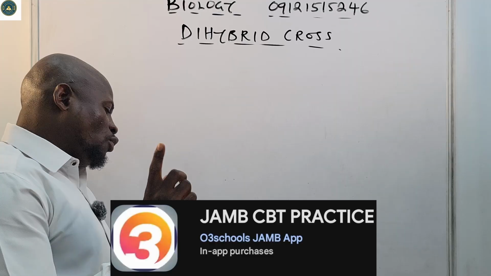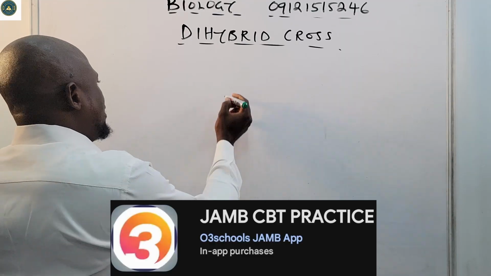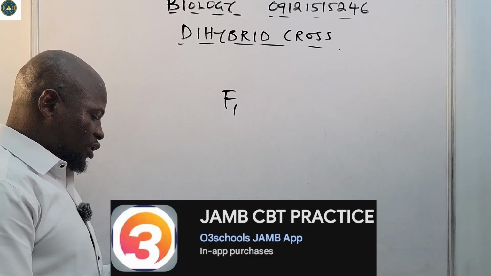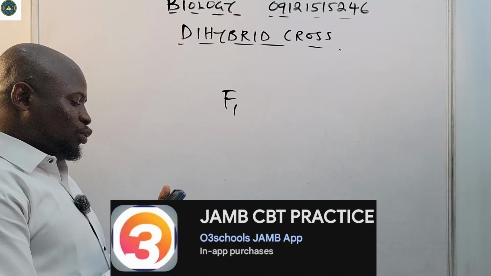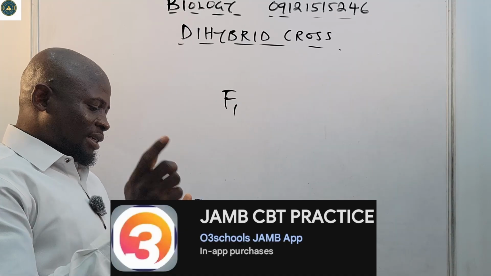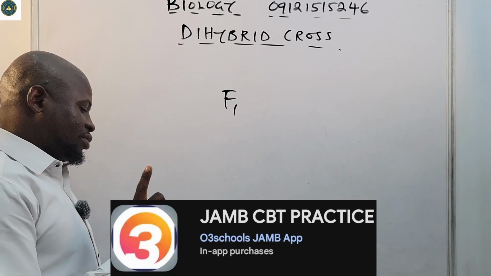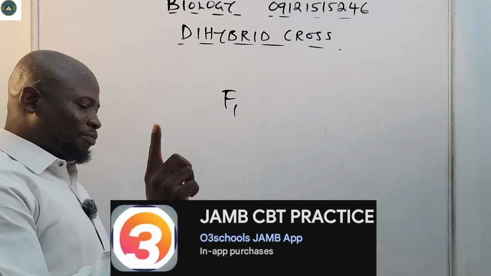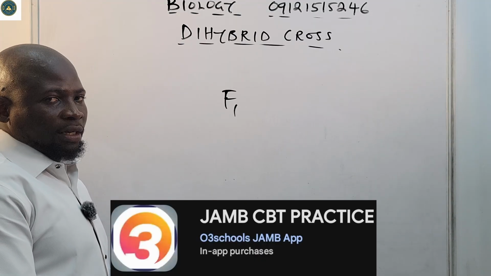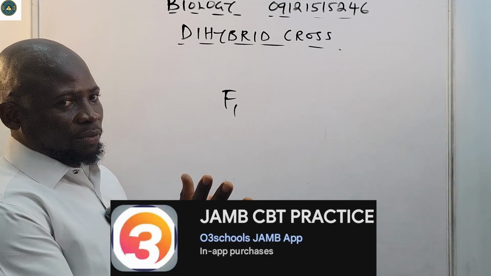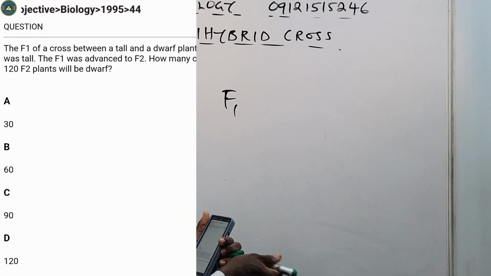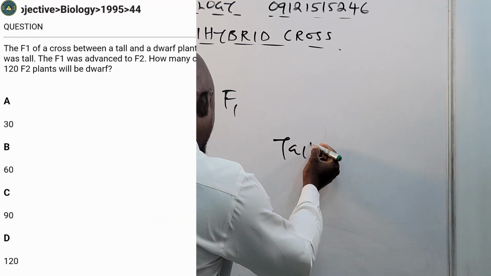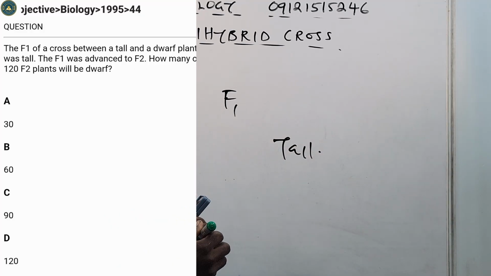It says the F1, first filial generation, of a cross between a tall and a dwarf plant was tall. After they crossed it, the cross gave us a tall plant.